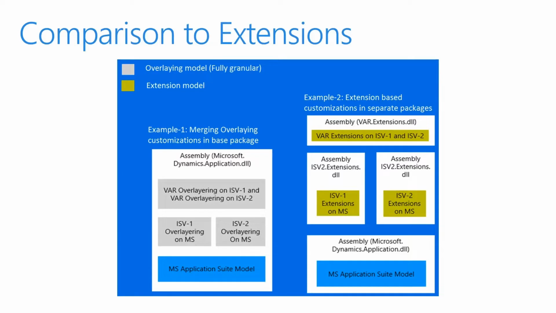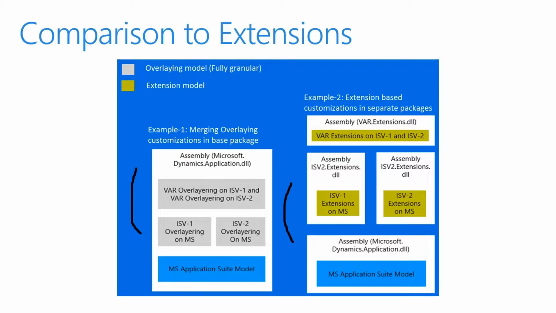We'll consider this diagram. We see on the left that overlaying stores customizations in the same assembly or DLL file. In contrast, the extension approach depicted on the right shows that each customization is stored in a separate assembly file with separate extension elements.